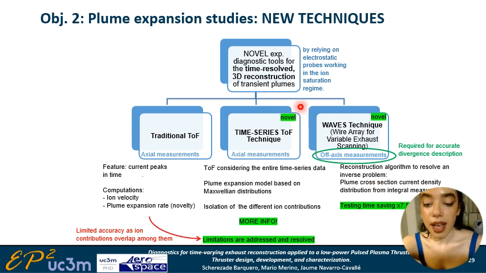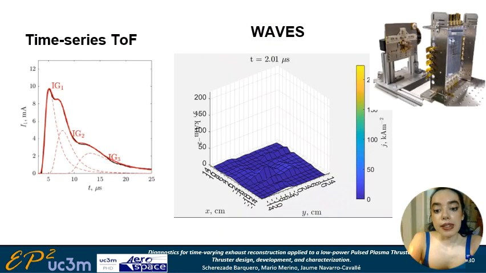These two works are standalone works, but the results can complement each other in such a way that we get a more comprehensive description of the whole plume physics. In these slides, there are the corresponding representative results of the two novel proposed techniques.